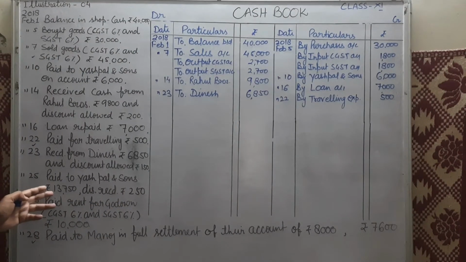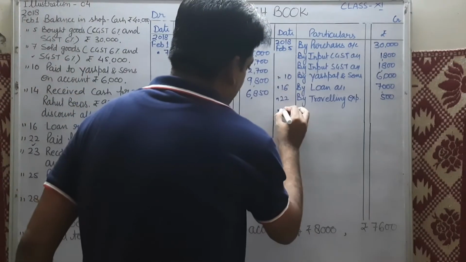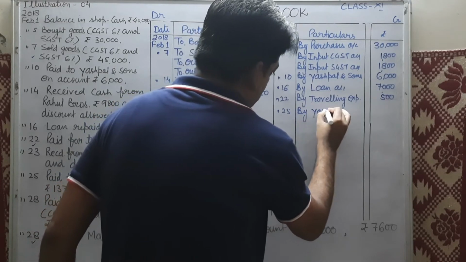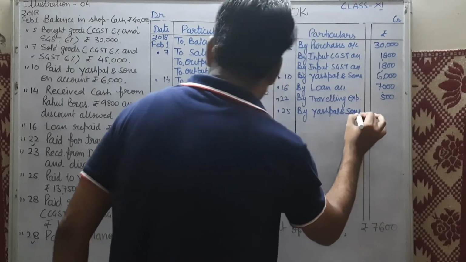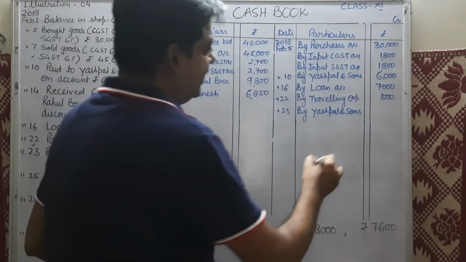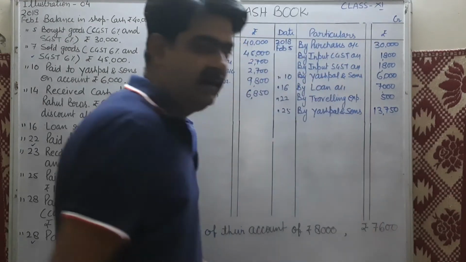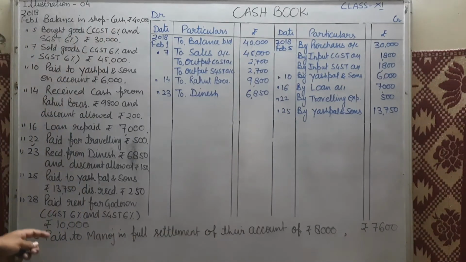Now see next transaction is paid to Yashpal and Sons 13,750 and discount received. This is our simple transaction of payment, by Yashpal and Sons, and this time we are paying 13,750, and again transactions regarding discount will be ignored.